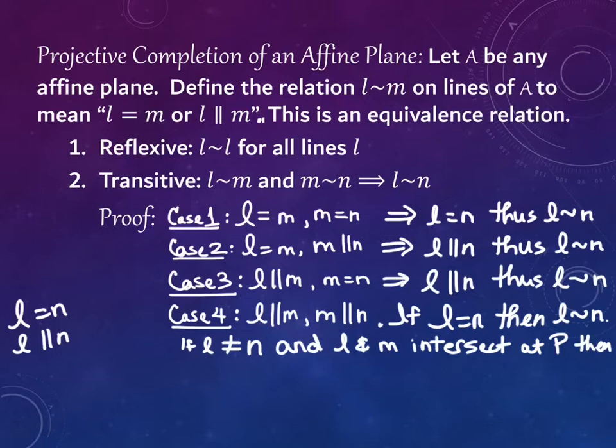Then there exist two lines, both through P, right?